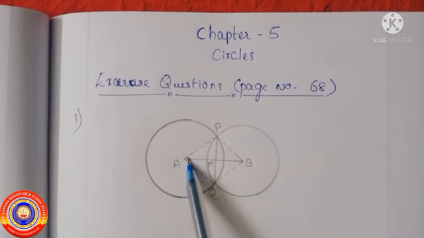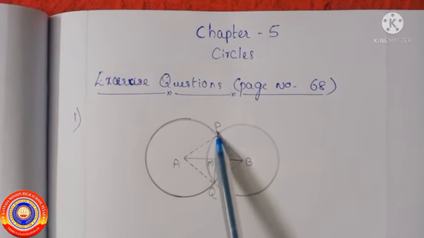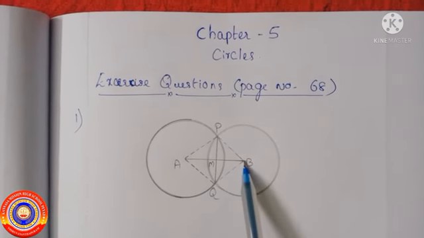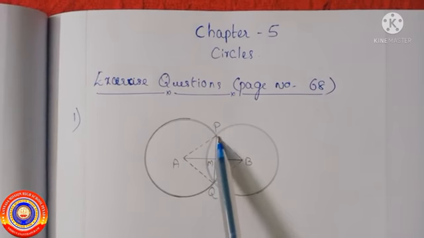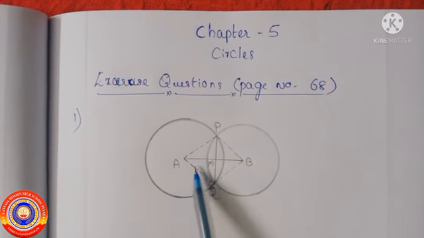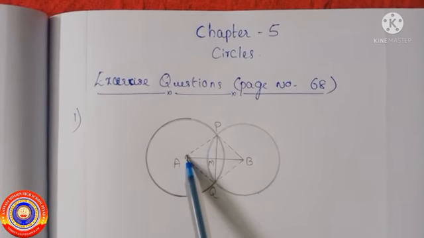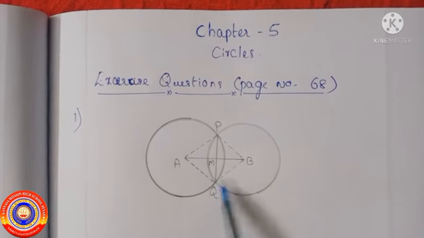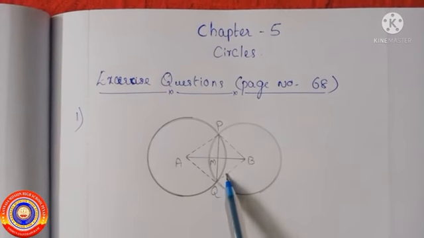Consider triangle APB and triangle AQB. Here, AP is equal to AQ. The reason is radii of the same circle. And then BP is equal to BQ. Here also the reason is radii of the same circle.